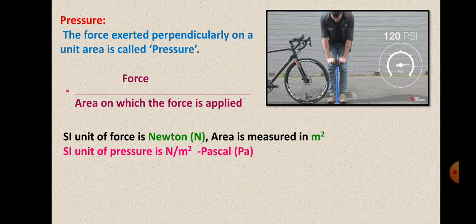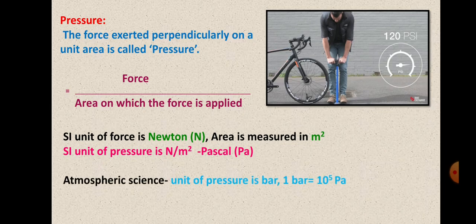Like we write kilogram as kg, gram as g, liter as L, milliliter as ml. Similarly, the unit of pressure is Newton per meter square or Pascal. Okay. Now in atmospheric science, the unit of pressure is bar, and 1 bar is equal to 10 raised to 5 Pascal. Okay. So 1 bar means 10 raised to 5 Pascal.